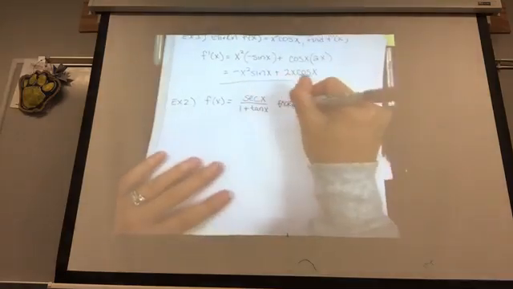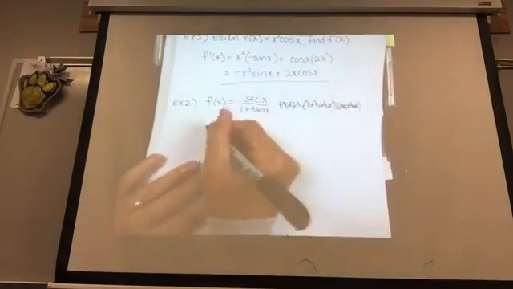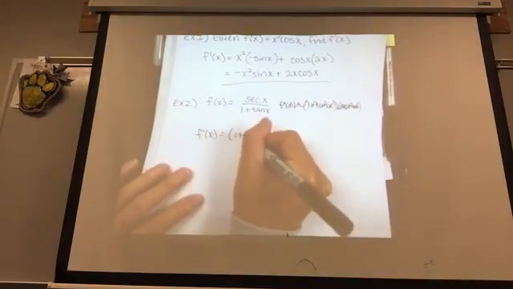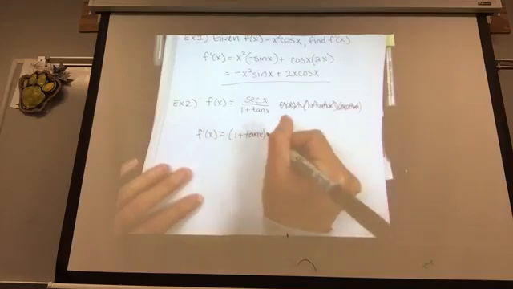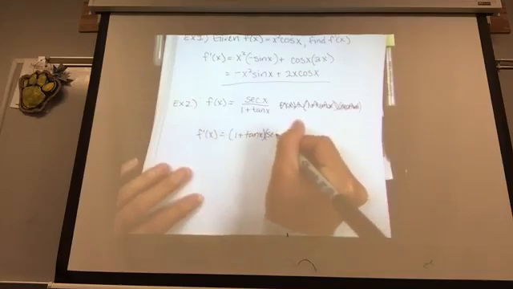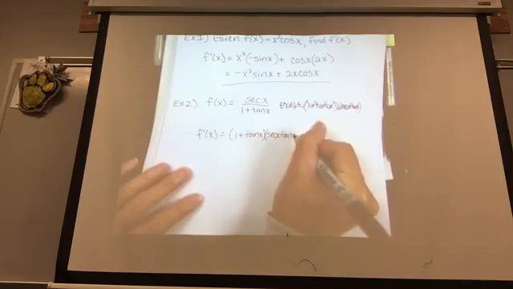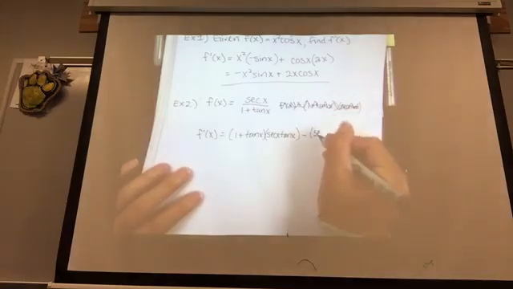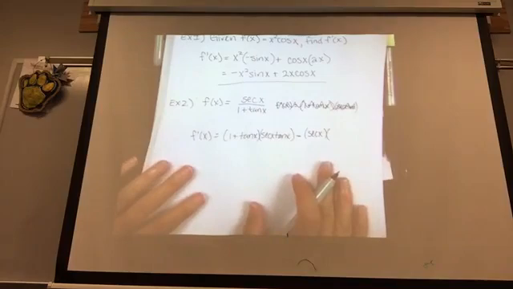Should have done that to start with. So minus the top, secant of x. What's the derivative of 1 plus tangent of x?